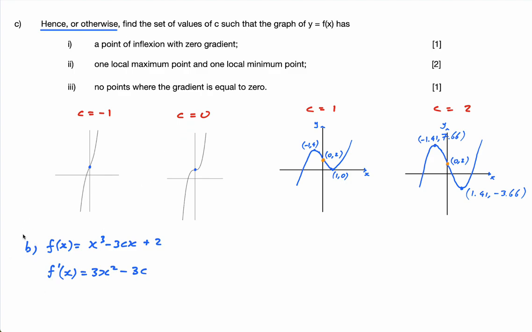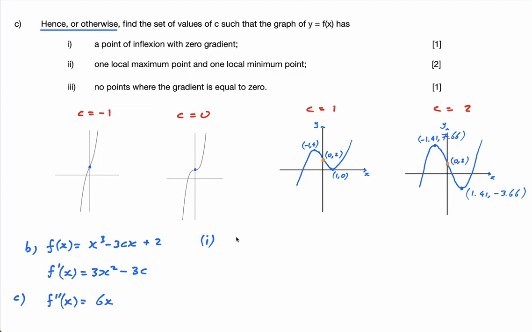Now that's just from observing the graphs, but let me show you the more technical way to do it. So I've brought in f of x and f dash of x that we got from part B. When I see point of inflection, straight away I think second derivative. So let's get that second derivative. The second derivative is equal to 6x, because this is a constant. So it's just 2 times 3 is 6x. Now, point of inflection, it's where the second derivative equals 0.